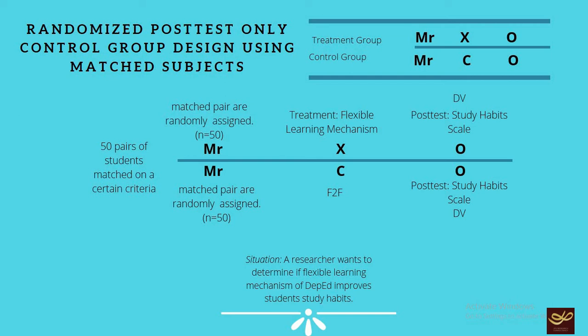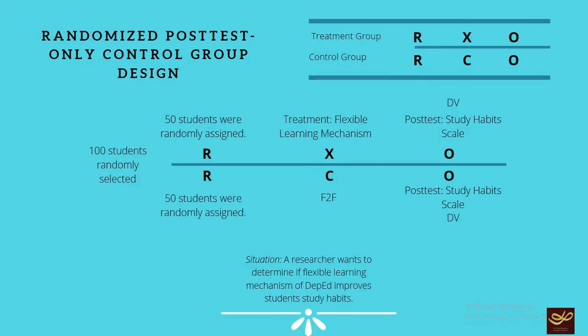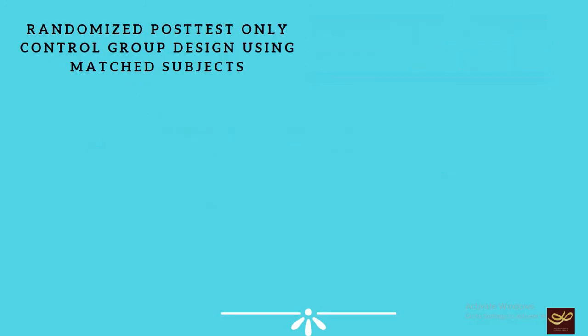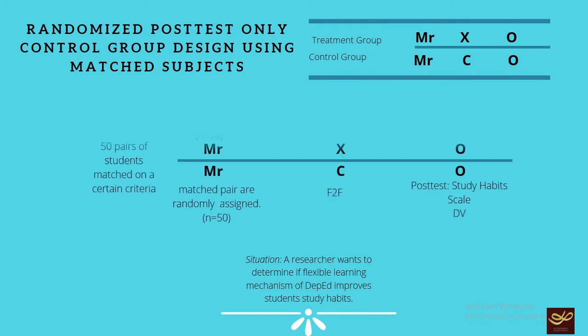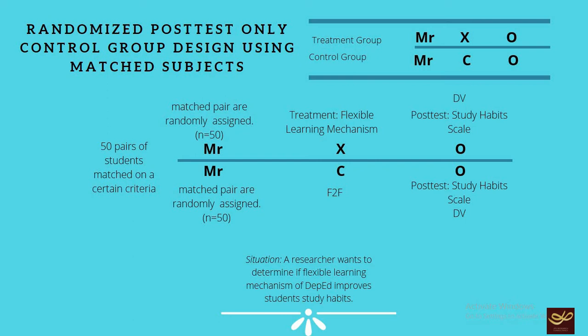Now from the pairs of students that you have, you then assign them randomly either to the control group or to the experimental group. And then the process continues similar to that of the randomized post-test only control group design. So take note also of the notations. For the randomized post-test only control design, the notation is represented by R, while for the matched groups it's represented by M sub R. Okay?